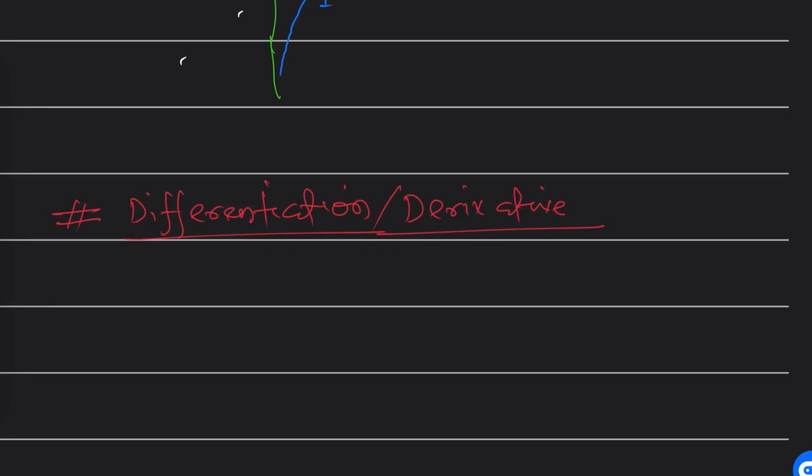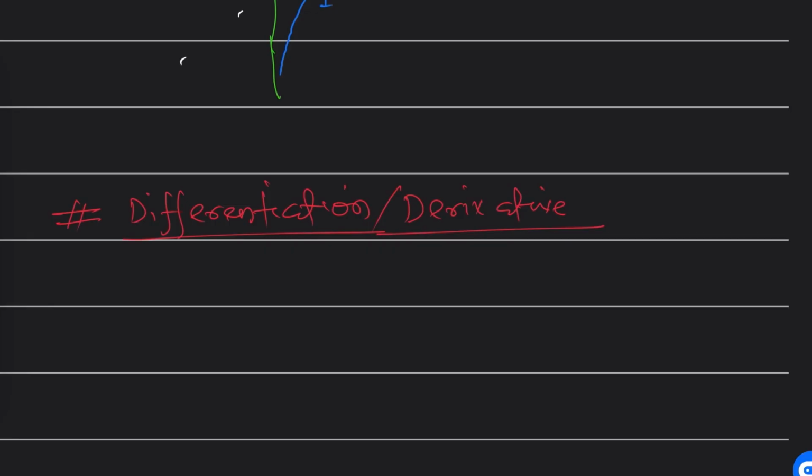So NEET students should focus more, and JEE students are going to study it in class 11th maths in detail, more than today's video. I'm not going to teach in that depth, but whatever extent we are going to use in maths, we are going to use in physics, and I'm going to discuss all of that.